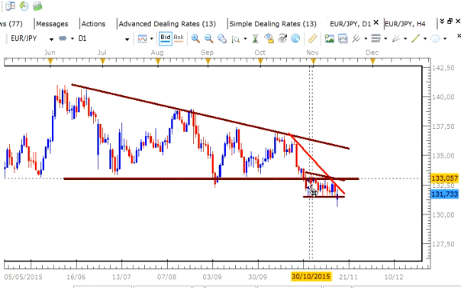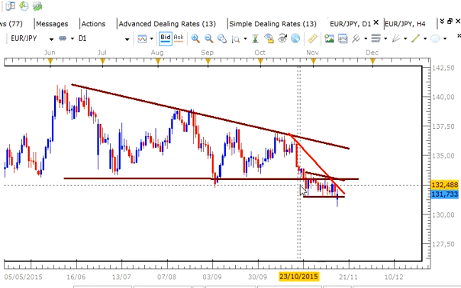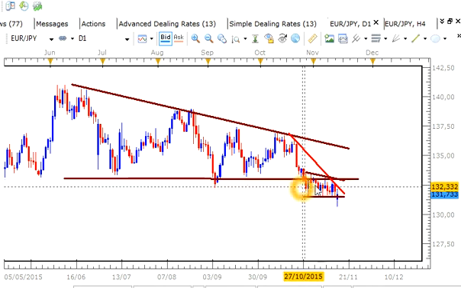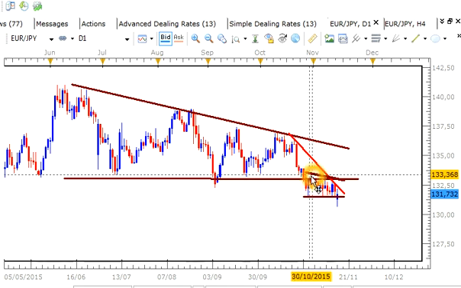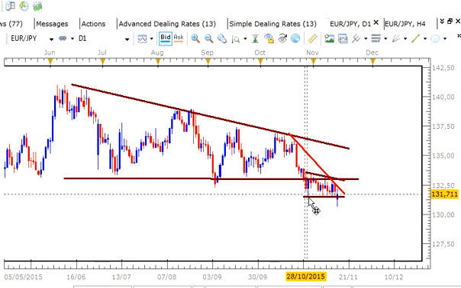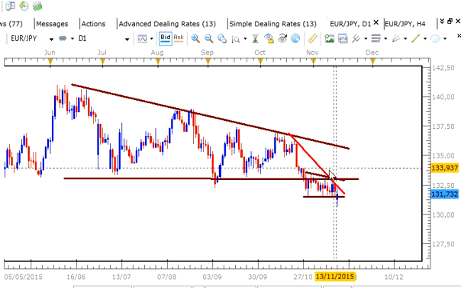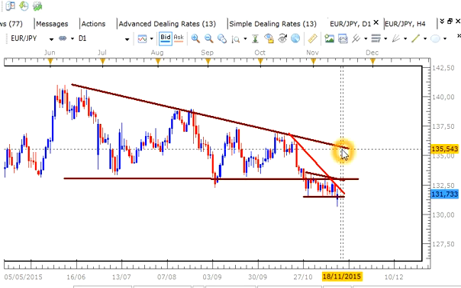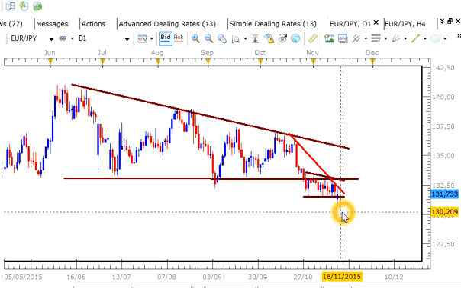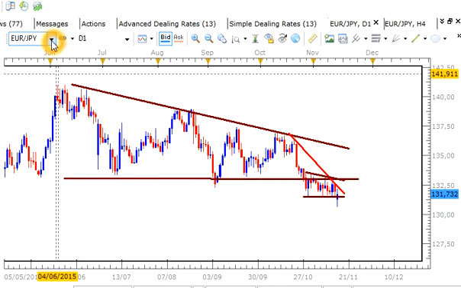Similar to the euro US dollar, we're starting to see the market move sideways following the initial breakout. Right now we're seeing that it has formed a small pennant setup, and a break of this area here is going to tell us in which direction we're going to be headed. So that's the situation with respect to these two pairs for right now.